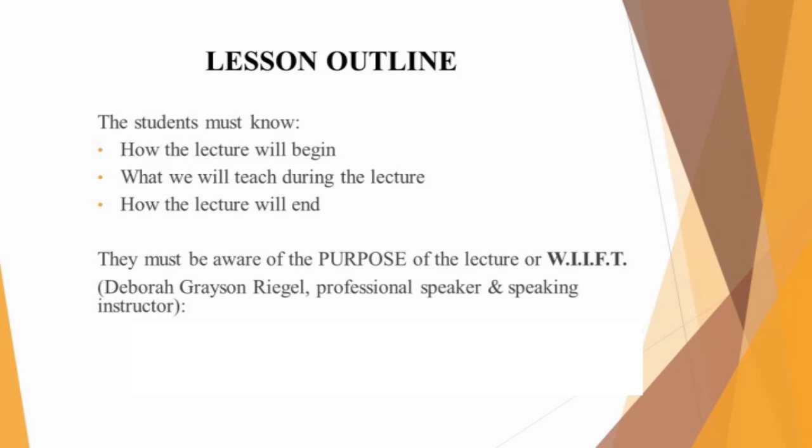Now, this gives the students a better understanding of the lecture, better control of what they are to expect, but in return, it also presents you as a professor as someone who is in control of your entire lesson, from the very beginning to the very end of the lecture. When the students are aware of the purpose of the lecture, they have a better understanding of it.